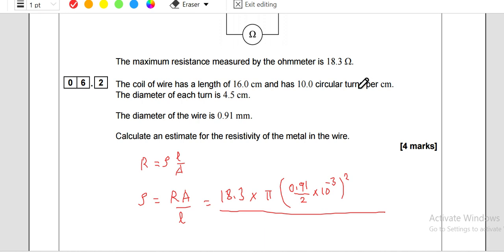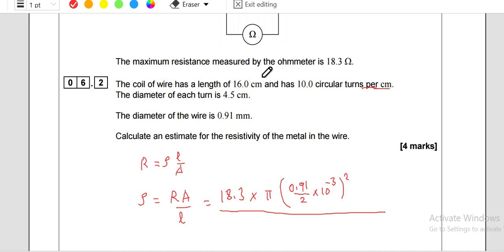Again, this is the circumference of each turn, and 10 turns is not the turns through the whole 16. I'm sorry, it is just per centimeter. So if we multiply 10 by 16, we will get all of the turns through the 16 centimeter, which is 160.